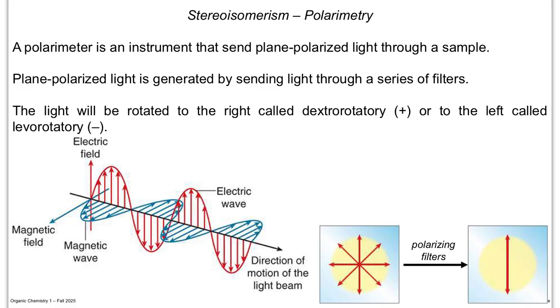So why does polarimetry differentiate these stereoisomers and things like IR and NMR don't? Polarimetry operates using light. We talked about the electromagnetic spectrum in these different regions. Light has two vector fields to it: an electric field and a magnetic field.